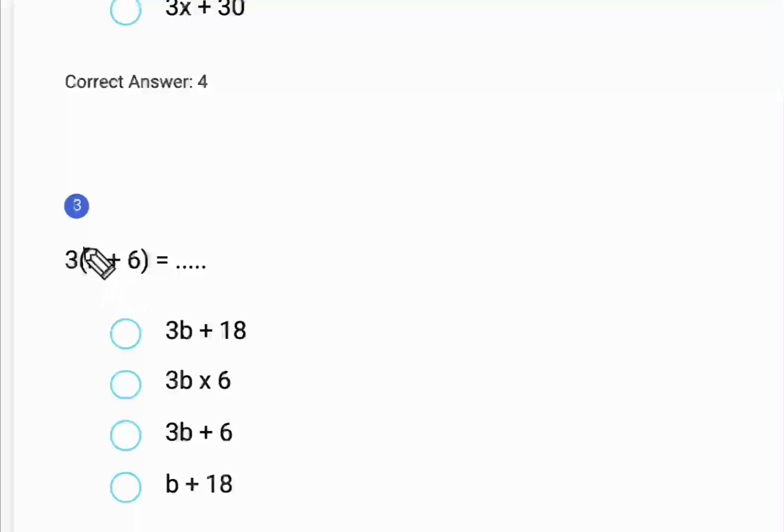You will multiply 3 by the second term and you will not multiply by the first term? No, I'll multiply by the first term. So you should multiply by the first and also multiply it by the second. So 3 times the first, then 3 times the second. It will be 3b plus 18. Exactly. Excellent. Because 3 times b equals 3b, and 3 times 6 equals 18, 3b plus 18.